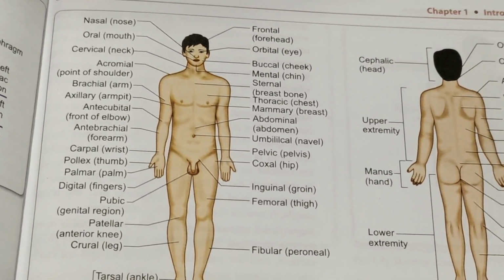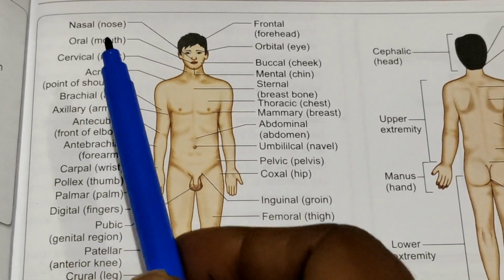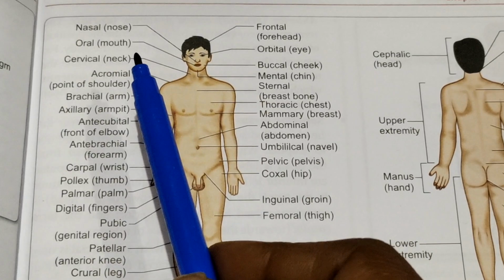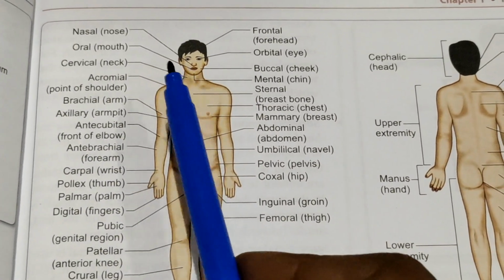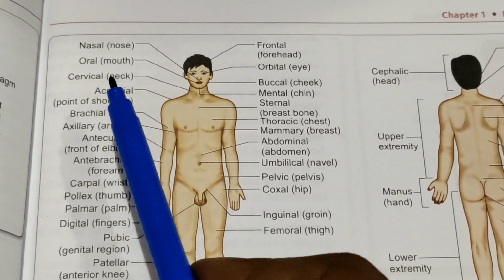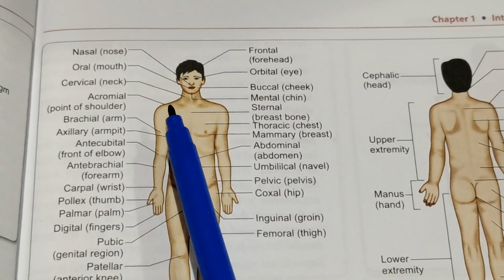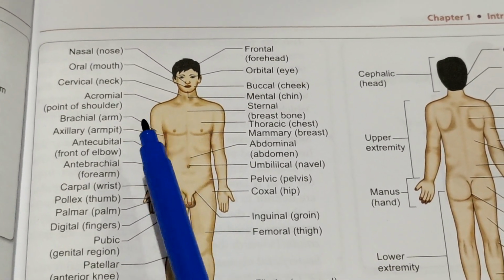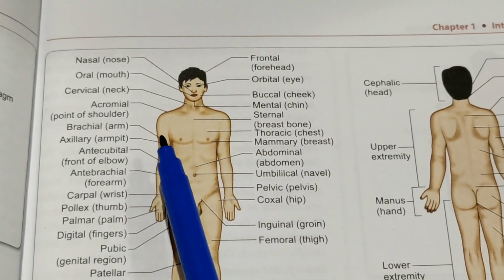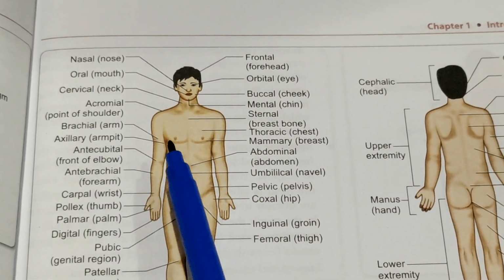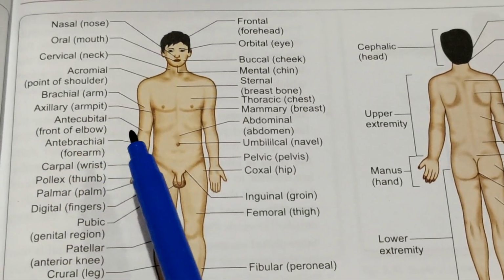This is the anterior view. The nose, in Latin anatomical term, is nasal; mouth, oral; neck, cervical. The point of the shoulder, acromial. The arm, brachial. Armpit, axillary.